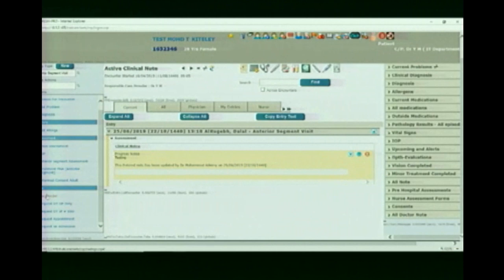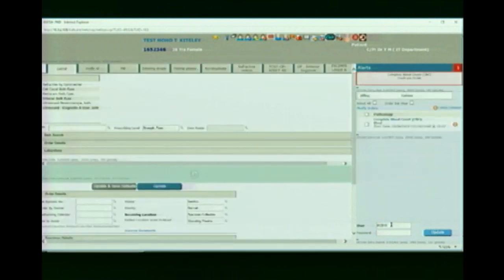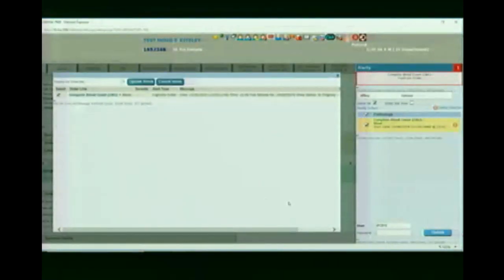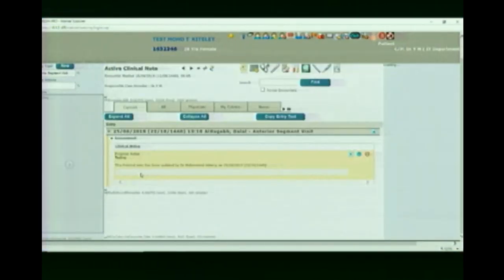For example, if I would like to place order, so from here, update. You can see in the current tab that an order has been added, just confirmation.